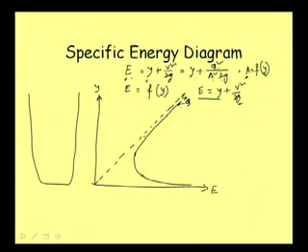Now you can see the peculiarity of this particular curve. Say our discharge is fixed, Q is like that, and it has this much depth of flow.